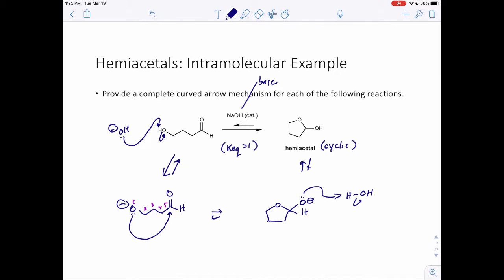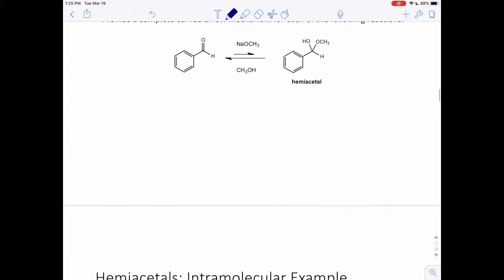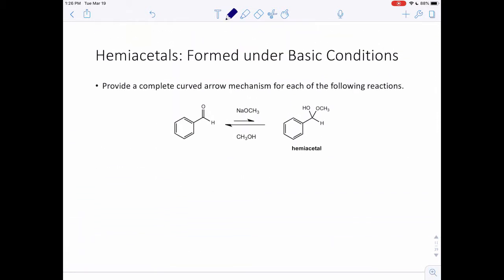Right now in hemiacetals, under basic conditions, we're stuck at the hemiacetal. There's nothing else that can happen. So, you can form the hemiacetal, or the hemiacetal can go ahead and reverse. So for fun, let's show the retro. So the reverse of hemiacetal formation.